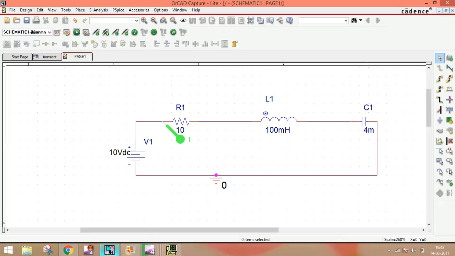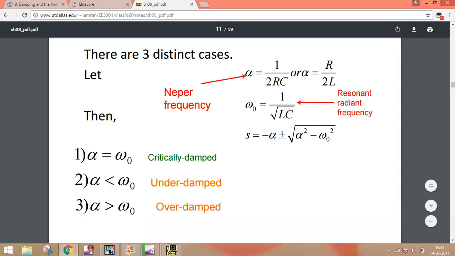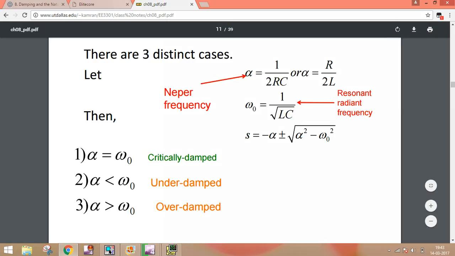So what is the condition of overdamped? Check here. Overdamped is when alpha is greater than omega naught, which means capacitance value is less than 4 mF. That is for overdamped.